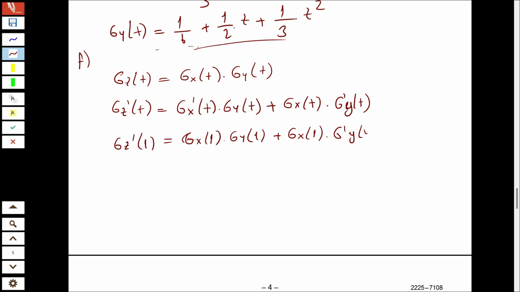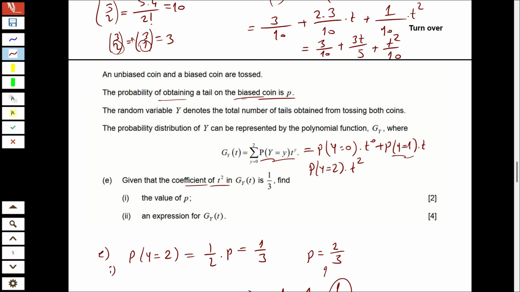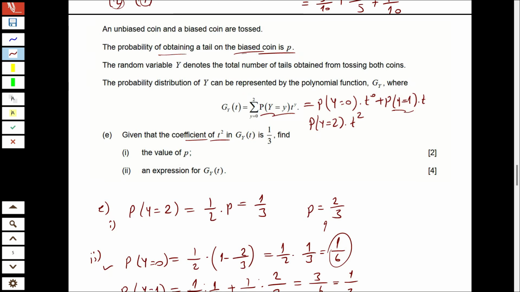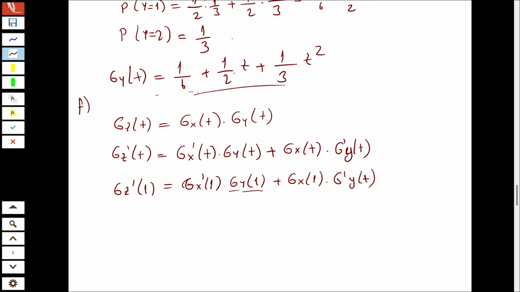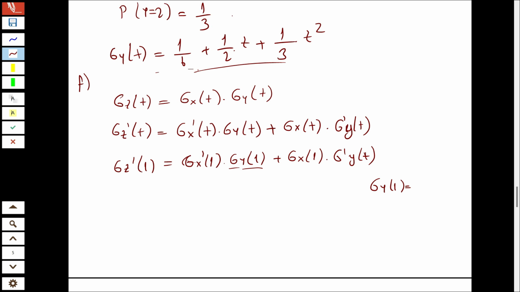We know that when t is 1, the function g sub y, you can see we found it in the previous question here, right? So g sub y, when you replace t with 1 and multiply it with the common factor of all the fractions, will give you 1.